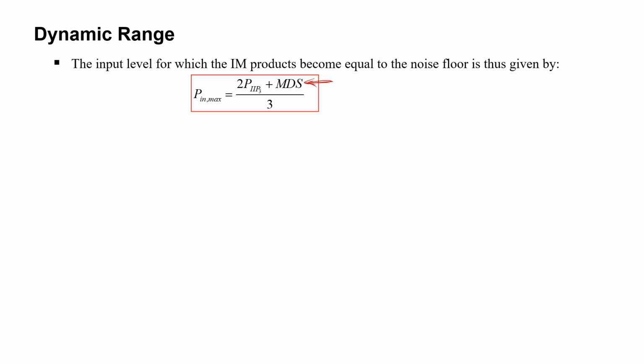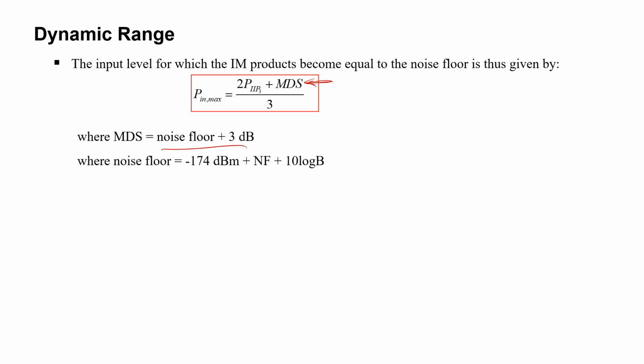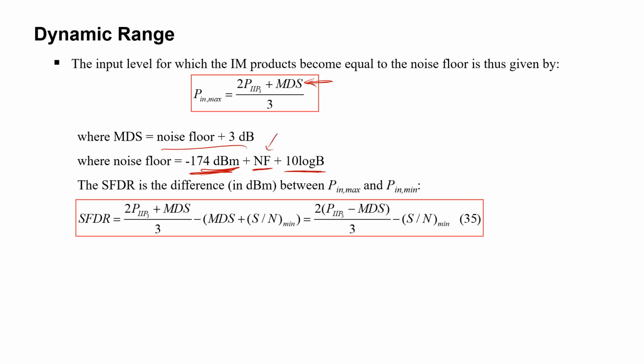I want it to be below my minimum discernible signal level, which is the definition of the noise floor of my system, just 3 dB above the actual noise floor, where MDS is noise floor plus 3 dB, and noise floor is minus 174 plus the noise figure of the receiver plus 10 log of the bandwidth in which we are operating.